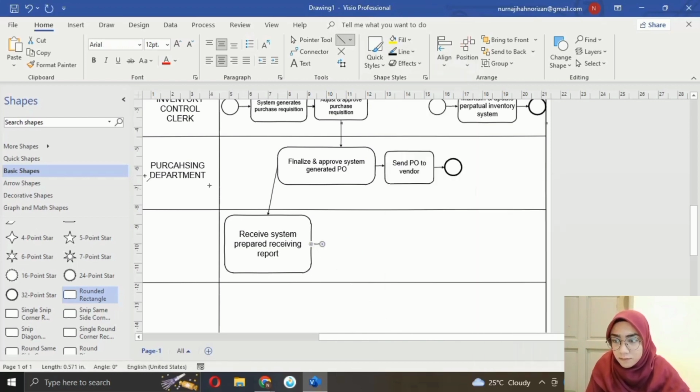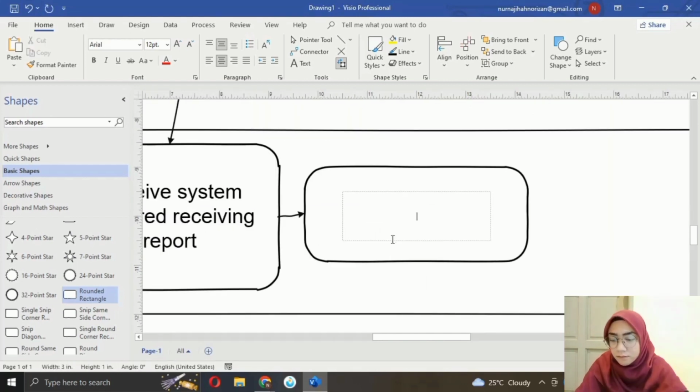So the next process is to use an arrow to go to the right side and put another rectangle to make the explanation on it. In this rectangle, the explanation is receive goods, complete receiving report, date and quantity.